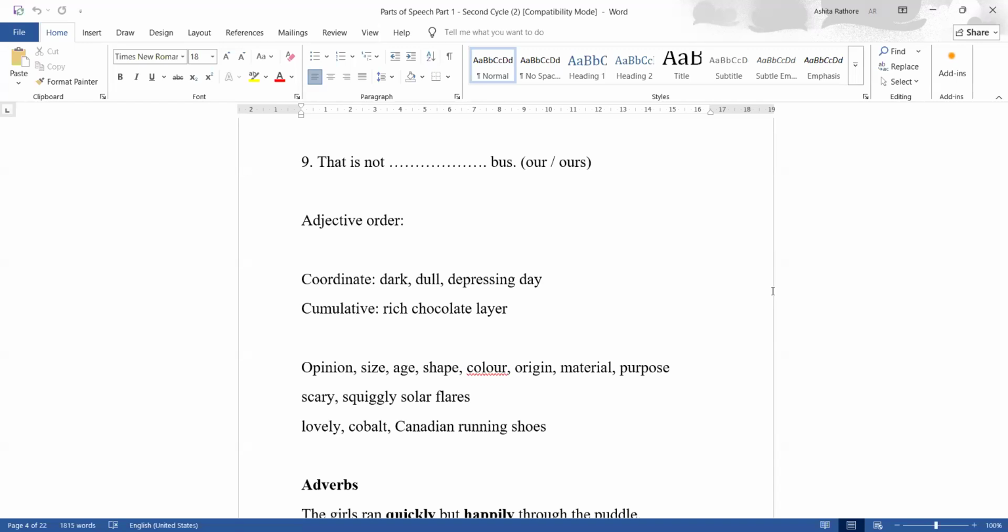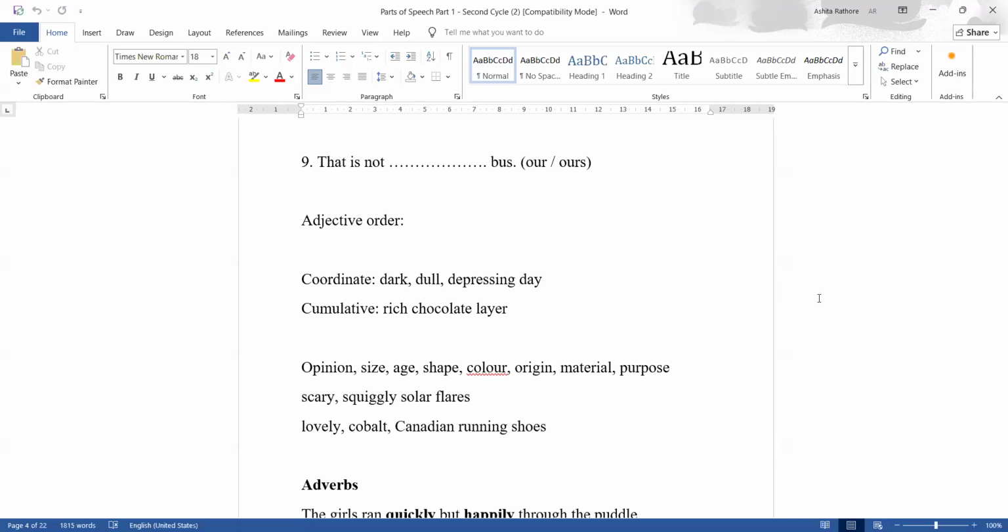If it's making sense, even if I'm shuffling these words, the impact of my sentence is not going down. So this is known as the coordinate order. That means in this particular sentence, no matter what order I go in, it's completely fine. It's not a problem. Now I come to the cumulative adjective order.